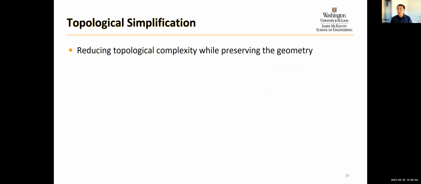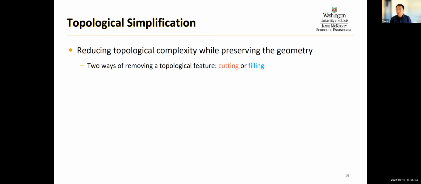So the problem is how to remove these, what we call topological errors or topological features that shouldn't be there. And the goal is to maximally remove them without destroying the shape of the root. You still want the reconstruction to be as close to the original image as possible, but you want to remove those components, cavities, and handles. So there are two goals at hand. One is topological and one is geometric.